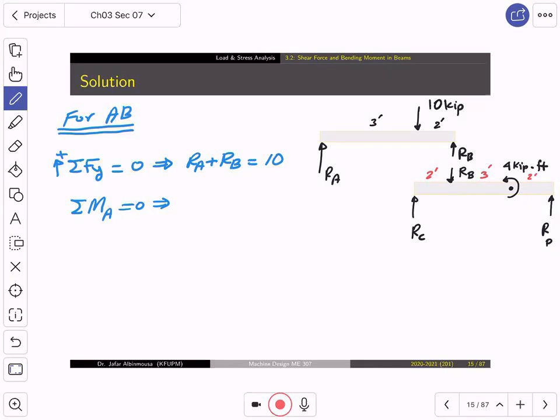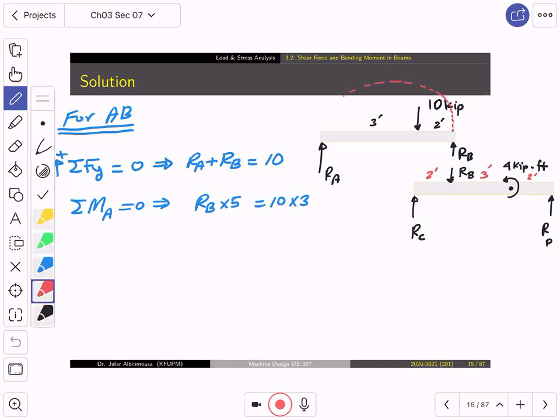So what are we gonna do? We'll have RB multiplied by 5, which is equal to 10 multiplied by 3. Do you see that? Yes. RB, just for those who may not see this, RB is gonna cause a moment like this. And it has to be multiplied by this distance, 5, which is 2 and 3.